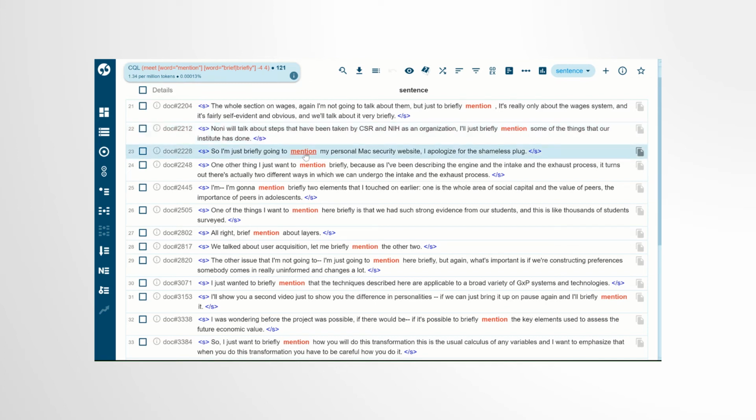So I'm just briefly going to mention my personal Mac security website. One other thing I just want to mention, I'm going to mention briefly. So all of these might be useful and fairly precise equivalences to the written form. So we've solved that problem as well.